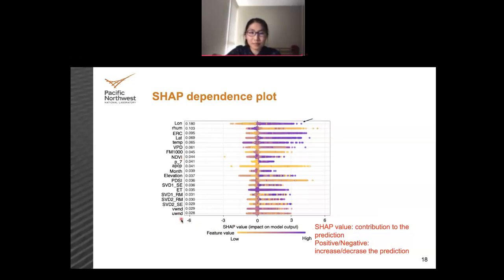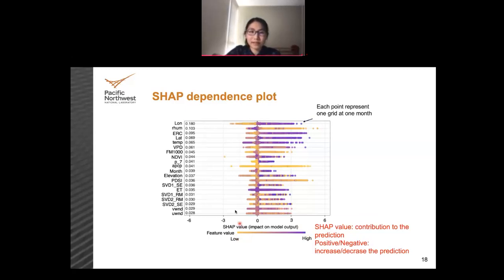The y-axis is the predictor. And each dot here is one grid at one month, so it indicates one sample. And the color here means the feature value. Purple is high, yellow is low.